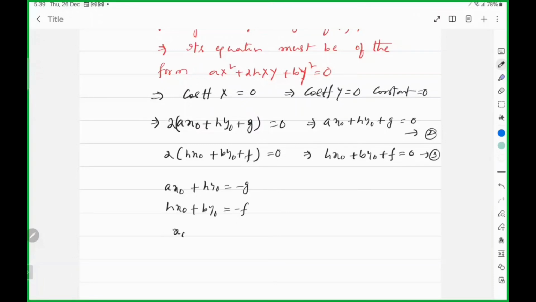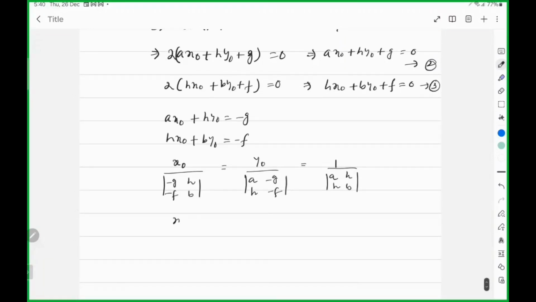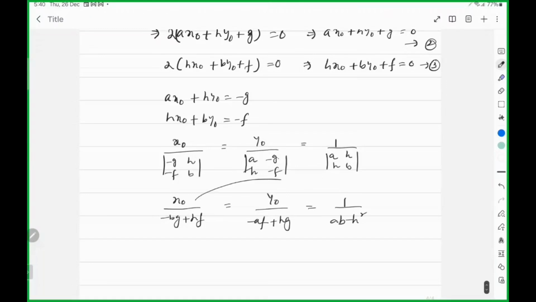Just applying Cramer's method, replacing the column with this, we get x naught by minus bg plus hf, y naught by minus af plus hg, equal to 1 by ab minus h square.